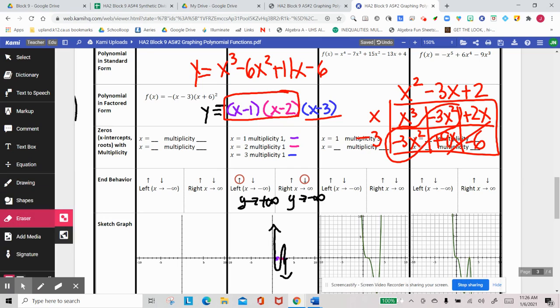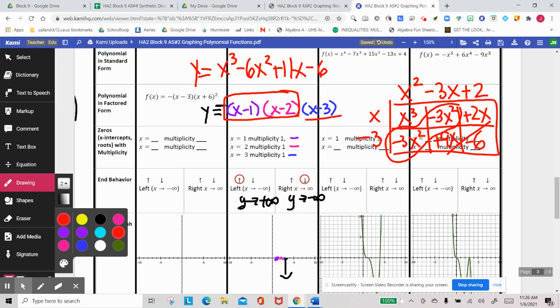So again, if I was being a little bit more accurate, which I should be, okay, it would cross the axis at negative 6. And so if I made this a little bit more accurate, right one goes down and left one goes up.